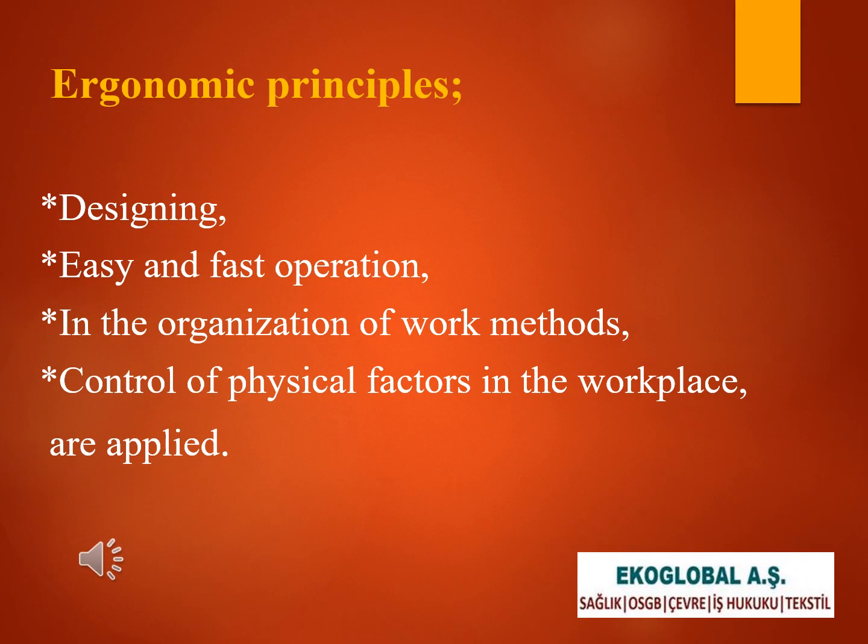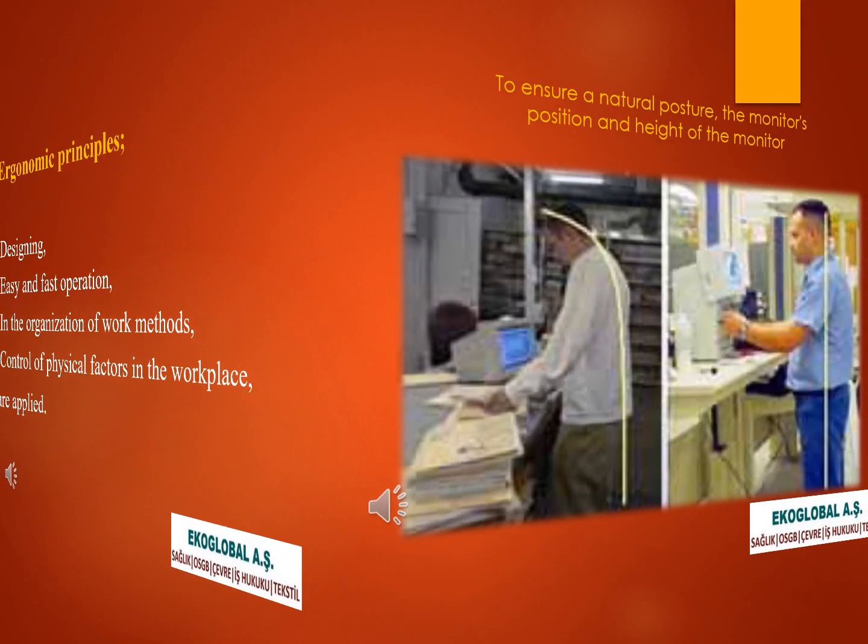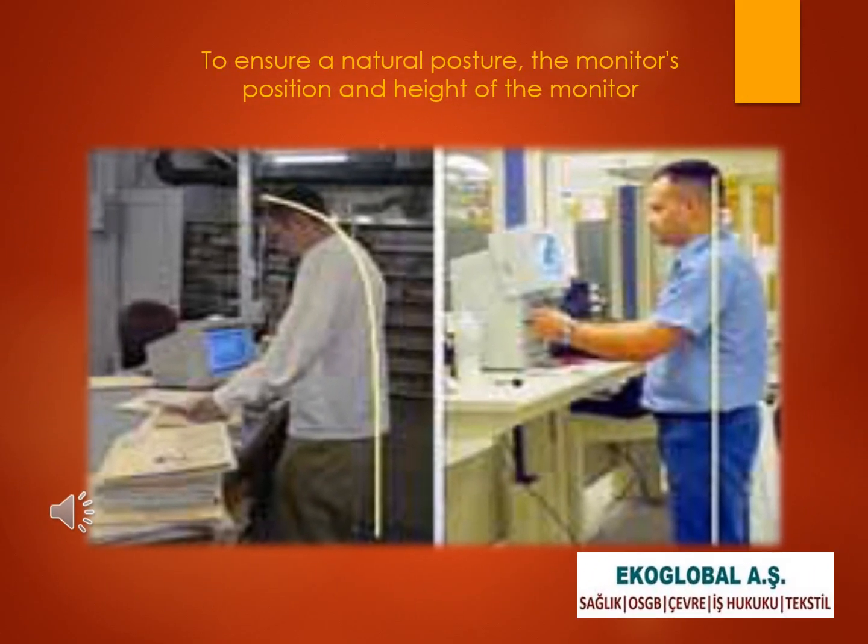Ergonomic principles. Designing easy and fast operation. In the organization of work methods, control of physical factors in the workplace are applied. To ensure a natural posture, adjust the position and height of the monitor.